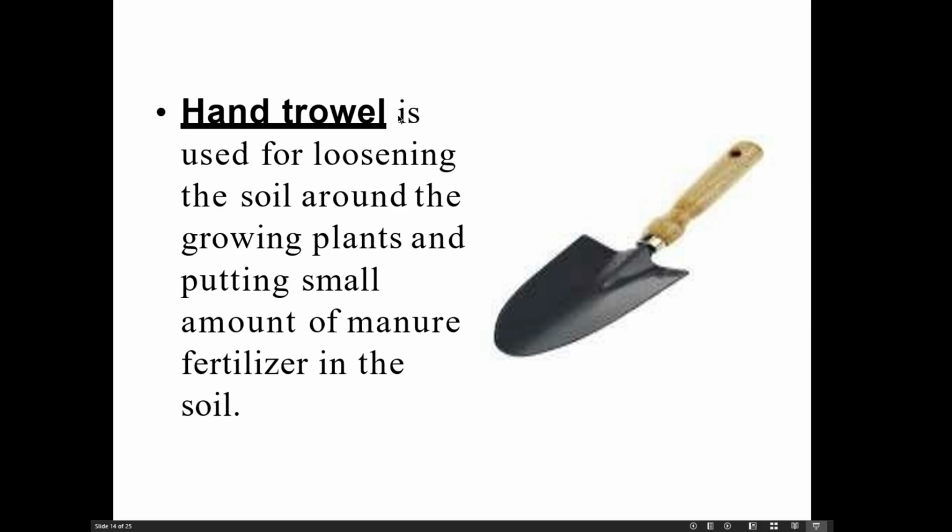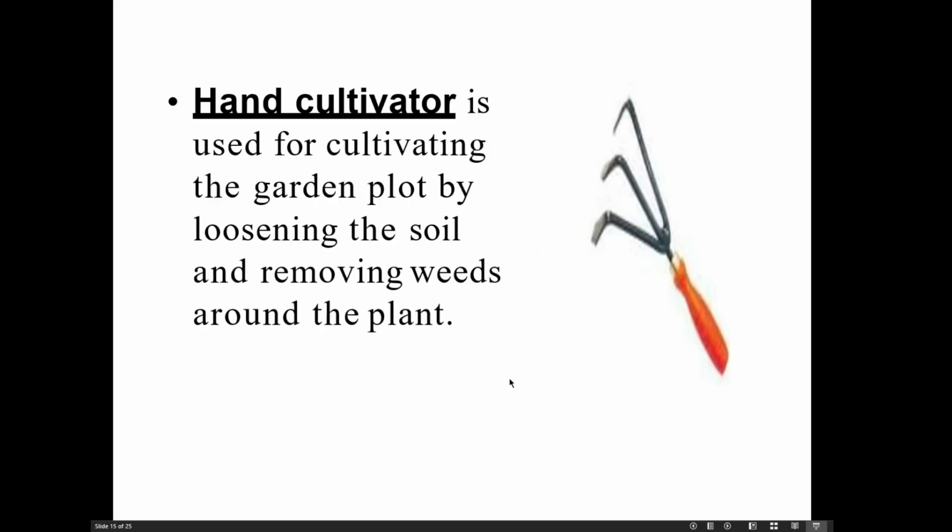So, hand trowel is used for loosening the soil around the growing plant and putting small amount of manure fertilizer in the soil. So, yan. So, hindi mo kailangan ng mga pala para lang maglagay ka ng mga fertilizer sa gilid. So, ang kailangan mo lang is a hand trowel. Di ba? Napansin nyo, medyo maliit lang siya. Okay, so that is the hand trowel.